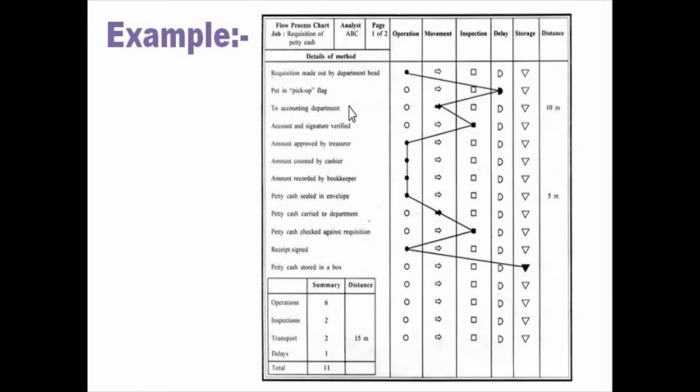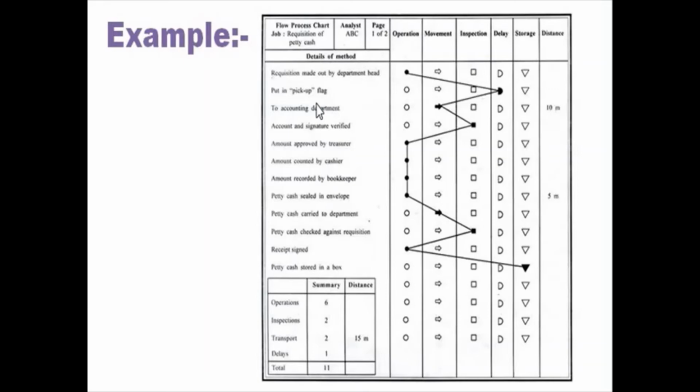The first activity is a requisition made out by the department head. This particular chart is for requisition of petty cash, and all the activities to get the petty cash are mentioned here. First, requisition made out by department head, so it is an activity or operation, and here it is mentioned as operation.